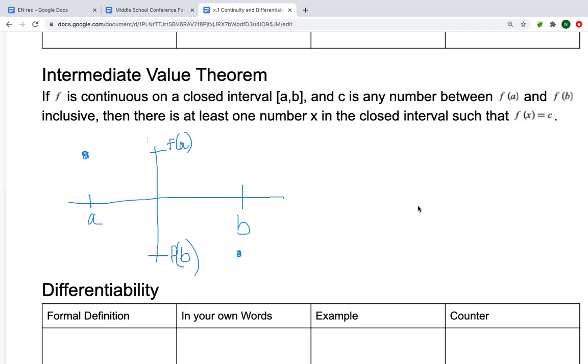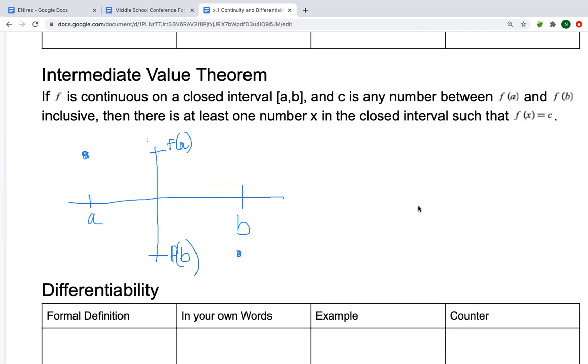So basically, in order to get from this line to this line, it could be a straight arrow, right? There could be a straight line and there could be a value c where f of x equals c. It also could be a curve. Maybe my function looks like this, but it still crosses through a value of c.